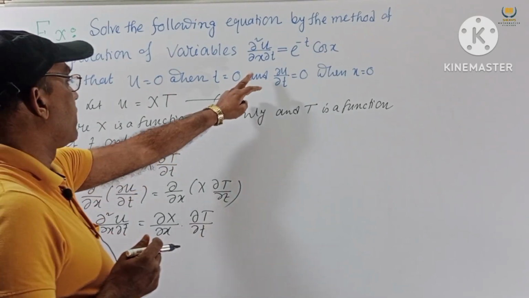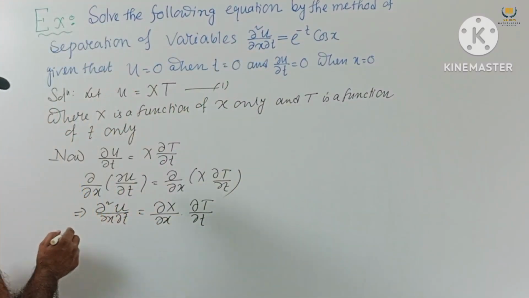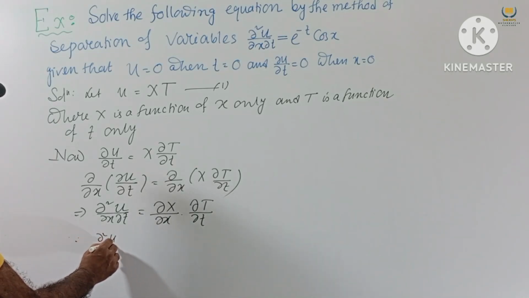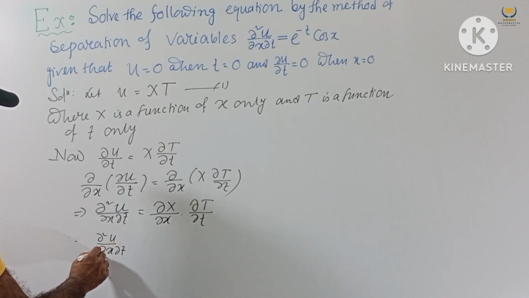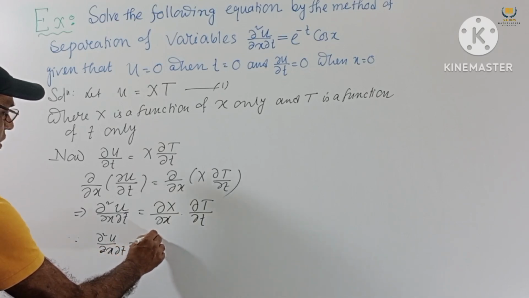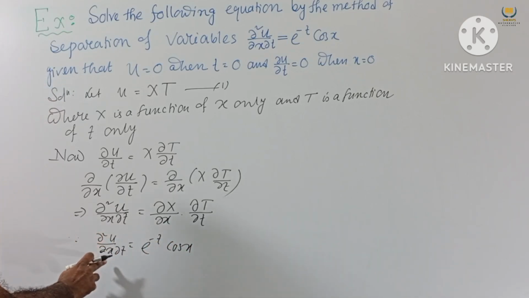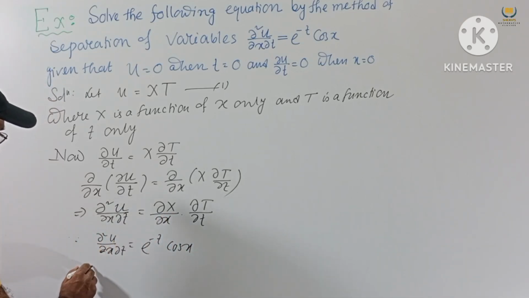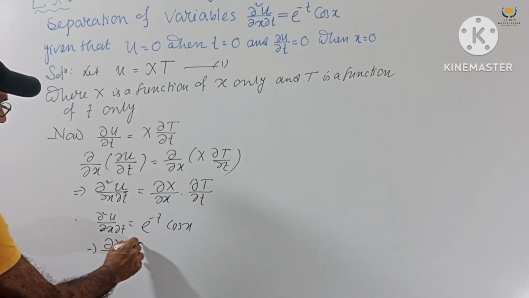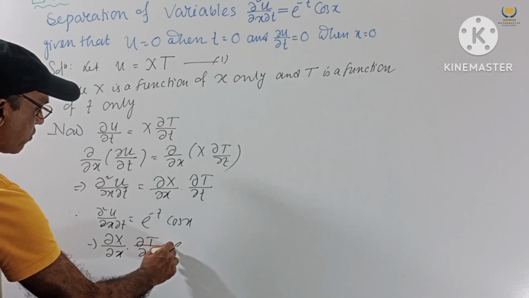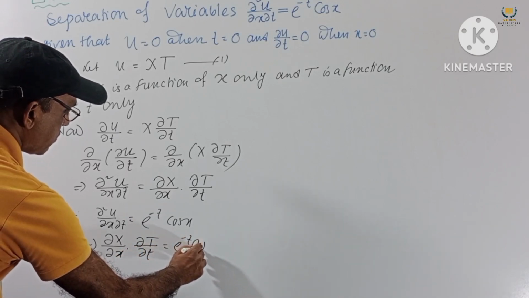Now we consider this, since our given equation is del square u by del x del t equal to e to the power minus t cos x, and del square u by del x del t means this value we get. This implies dX by dx times dT by dt equal to e to the power minus t cos x.